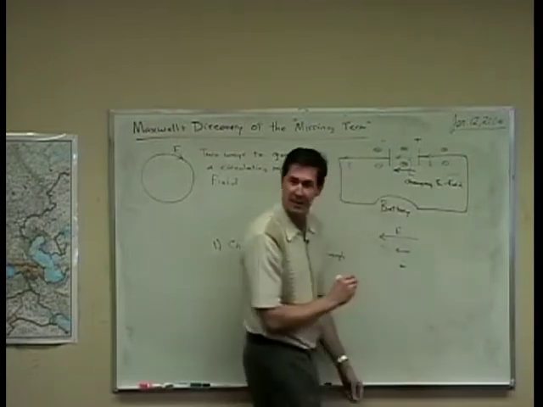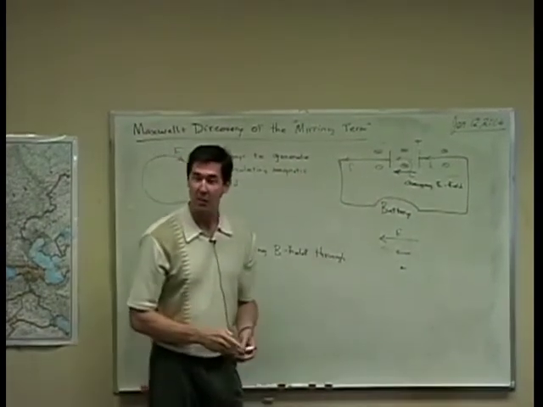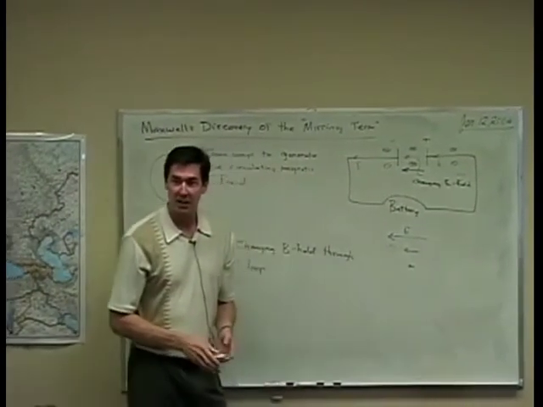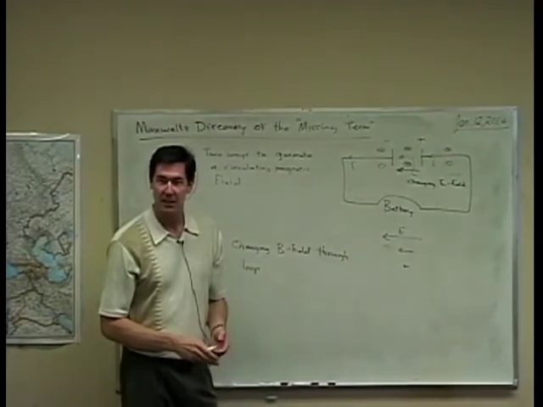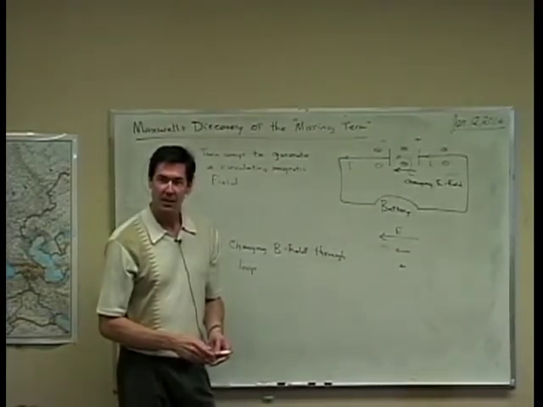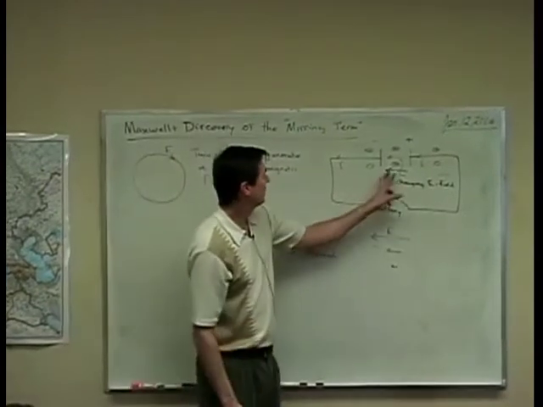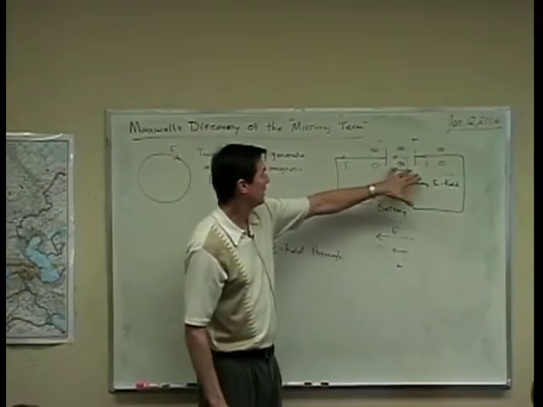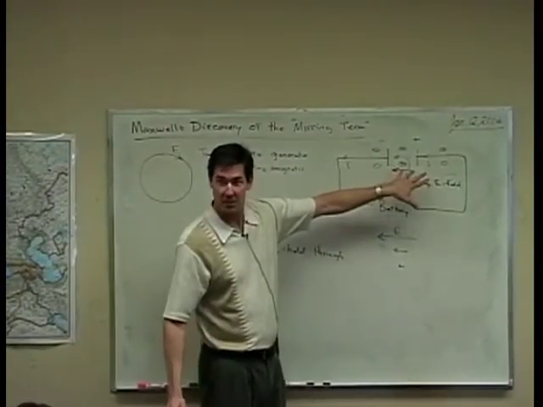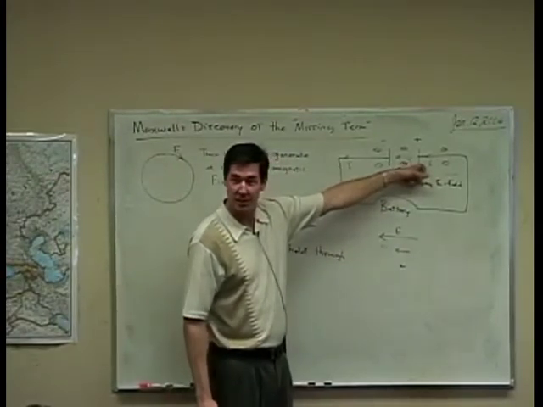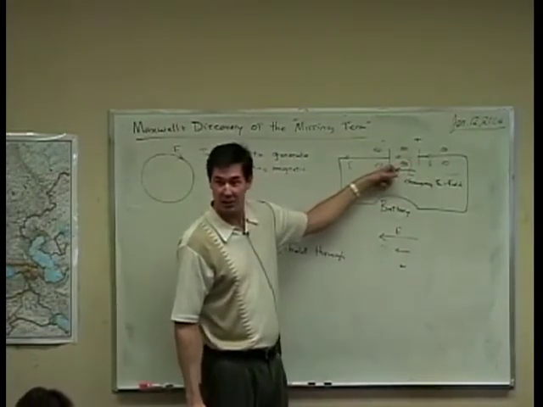Why do the plates discharge? Because the reason there's an electric field between these plates is because they're charged up. You've got a whole bunch of positive charge on this plate and a whole bunch of negative charge on this plate.